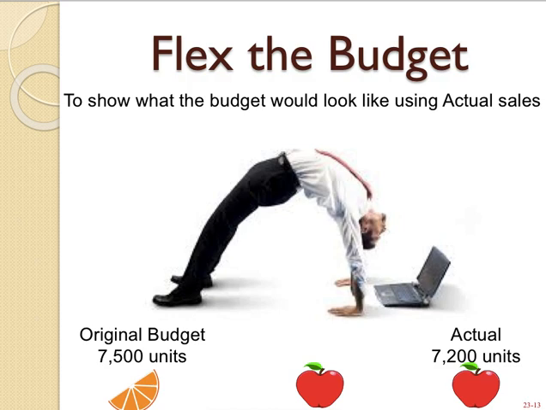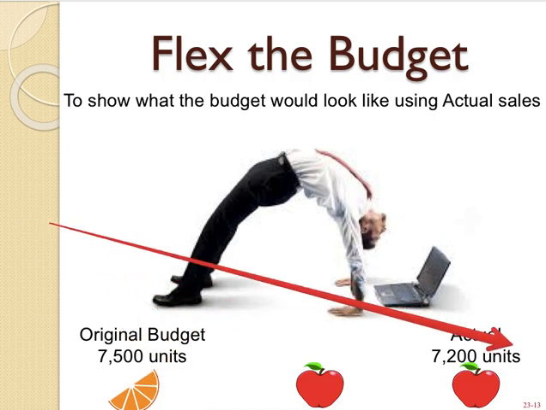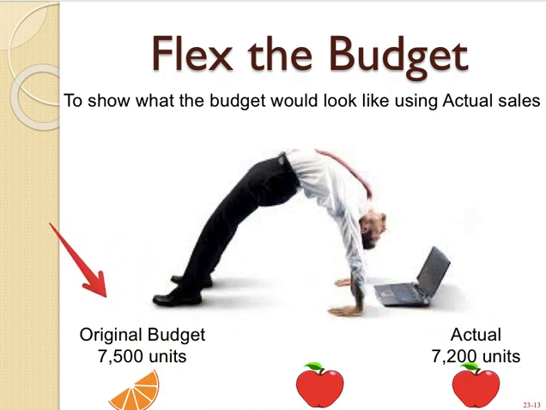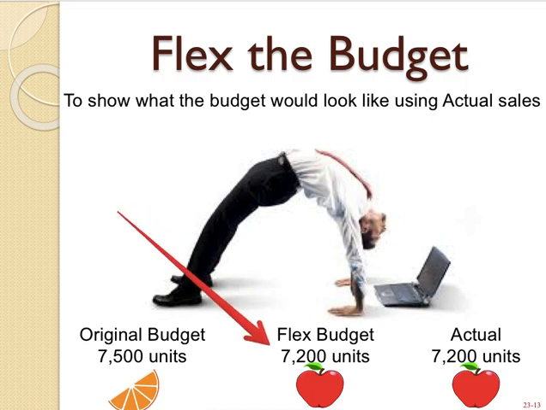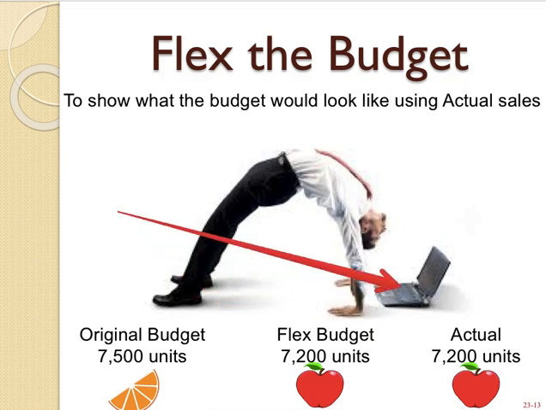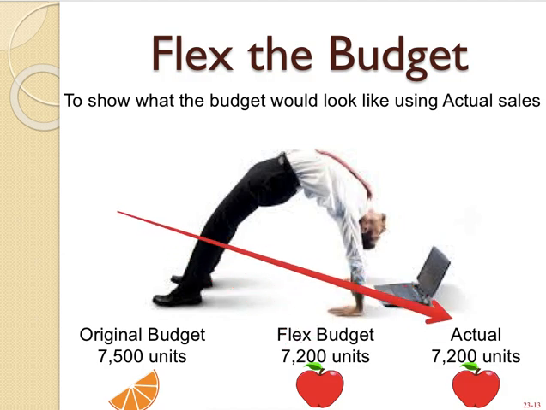So if the original budget was 7,500 units and our actual units were 7,200, we're comparing apples to oranges. Okay? So what we need to do is create a flexible budget that's going to show us a new budget of what the budget would look like at 7,200 units. So now we're comparing apples to apples.